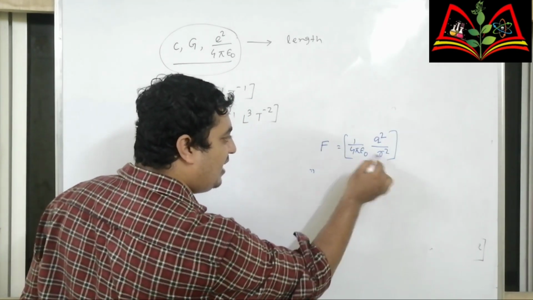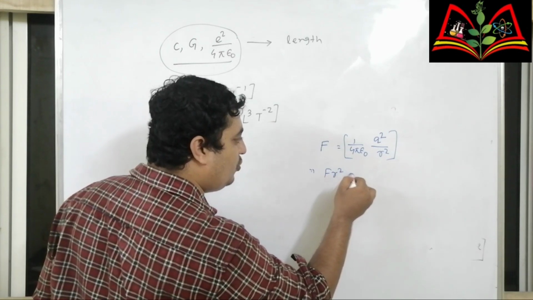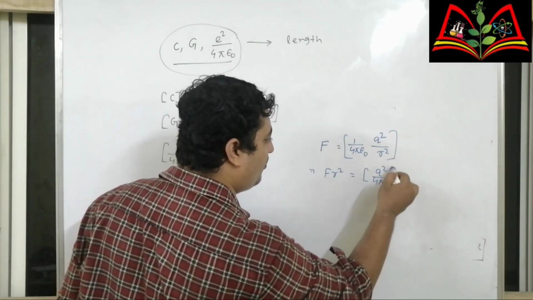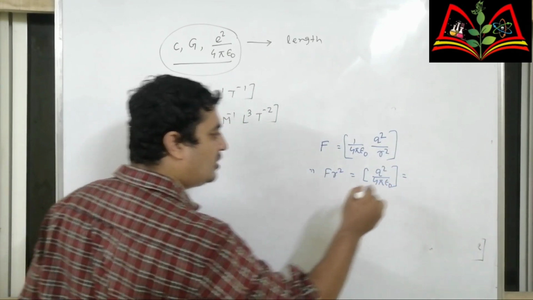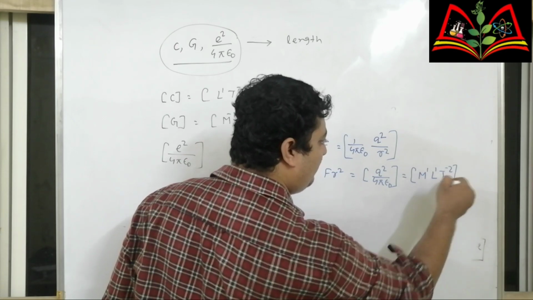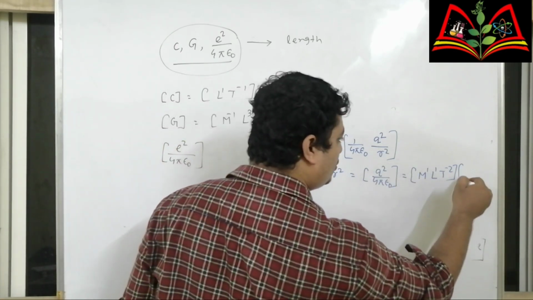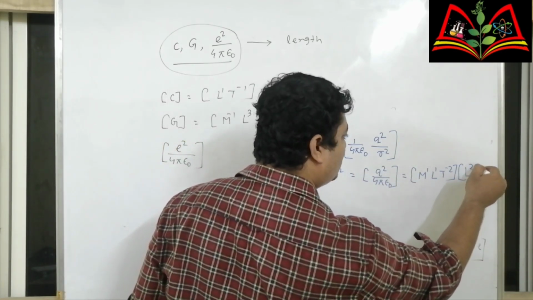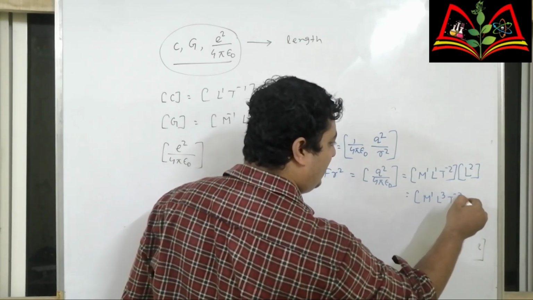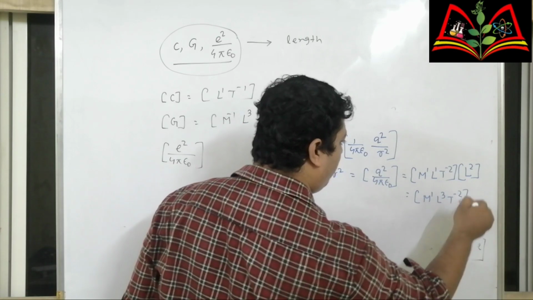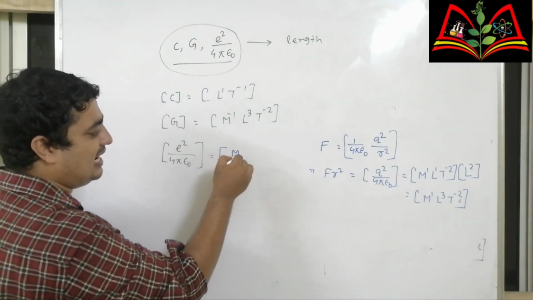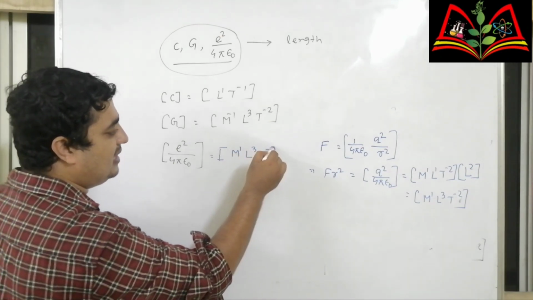Now if I take R square here, F into R square equal to dimension of Q square by 4 pi epsilon naught. So dimension of F is M to the power 1 L to the power 1 T to the power minus 2 into L square. That becomes M to the power 1 L to the power 3 T to the power minus 2. So dimension of this quantity is M to the power 1, L to the power 3, T to the power minus 2.